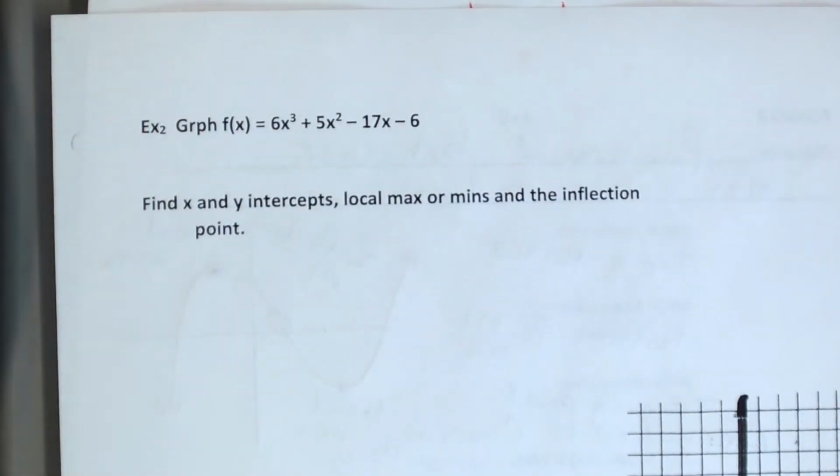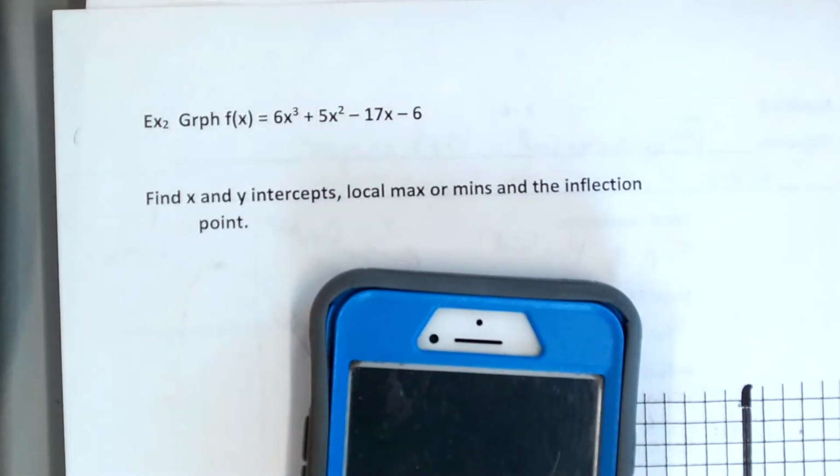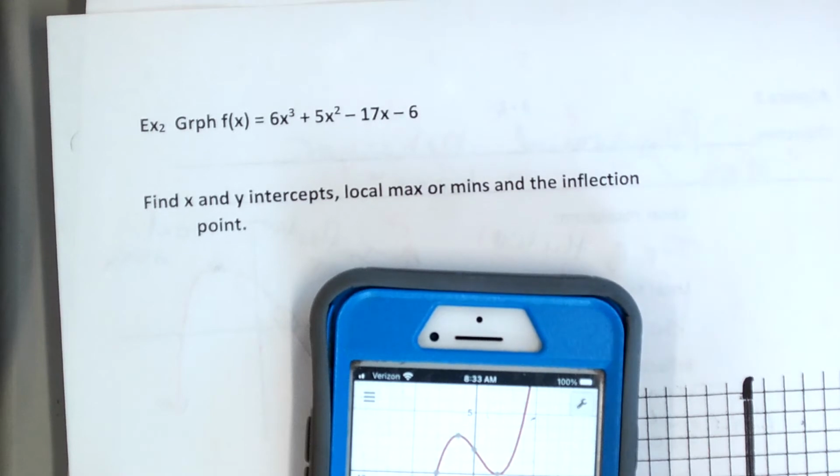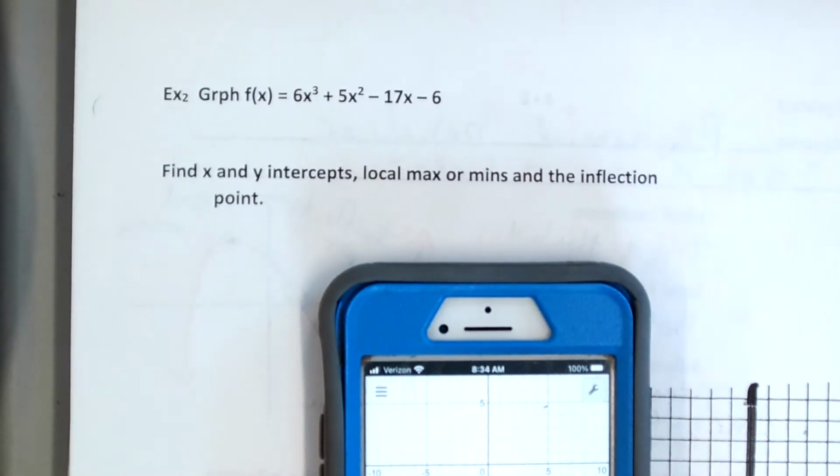So, again, to do this, I am just going to use Desmos. Let's just make this easy on myself. So let's go ahead and make it y equals 6x cubed plus 5x squared, subtract 17x, subtract 6.